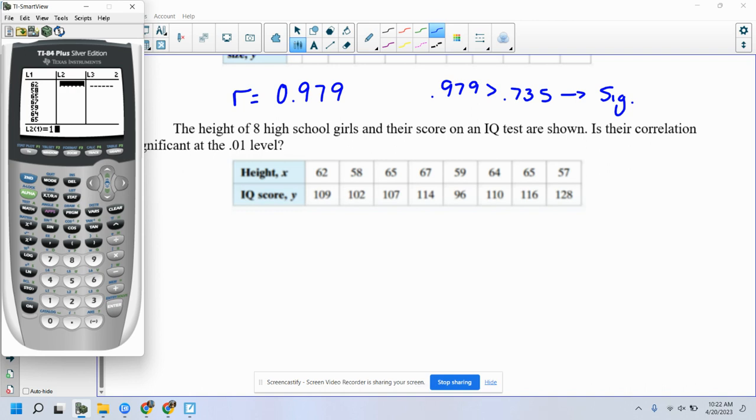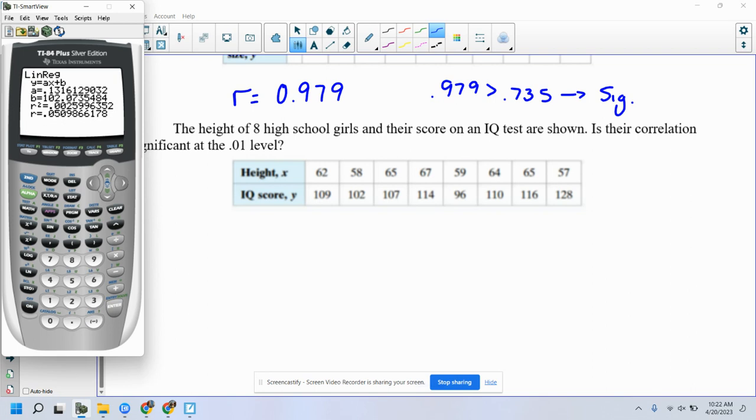And then my L2: 109, 102, 107, 114, 96, 110, 116, and 128. Okay, I'm going to go stat, calc, 4.